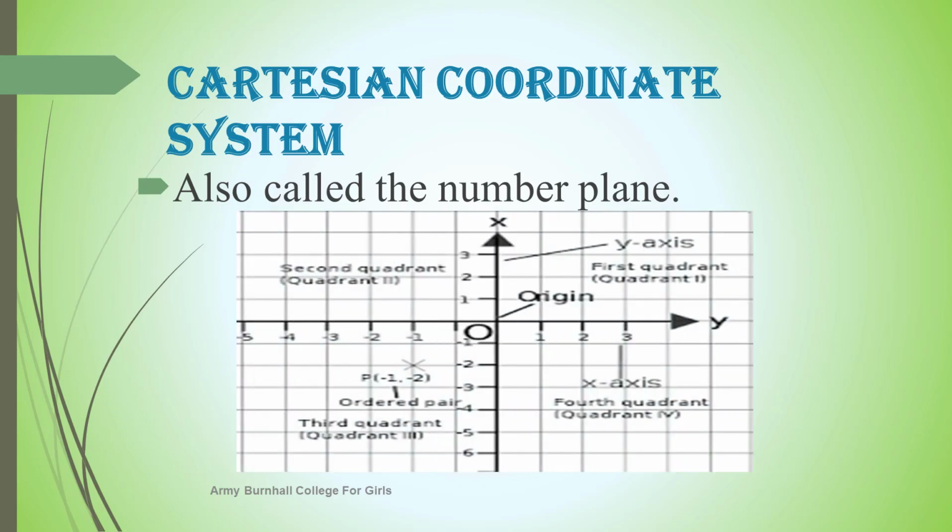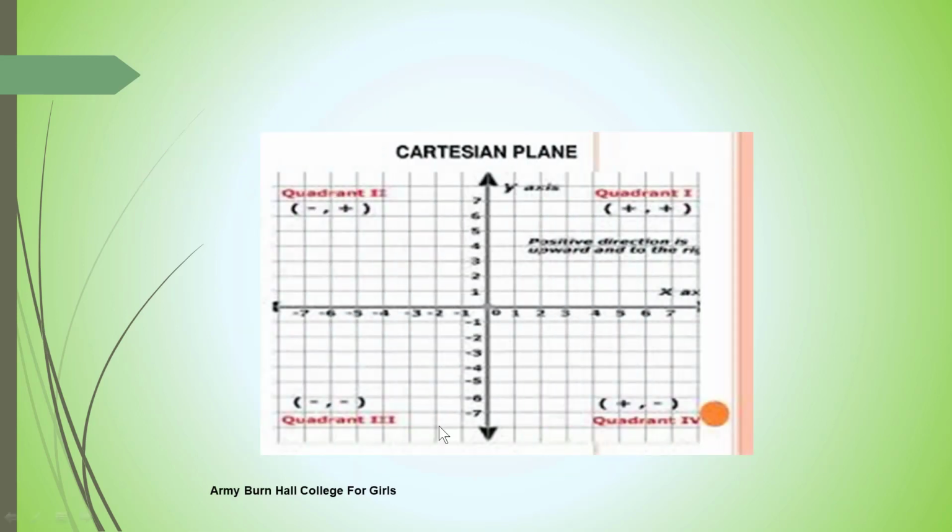You can see here that it has a horizontal line. This horizontal line is known as the x-axis and the vertical line is the y-axis. It is written opposite over here; this should be y-axis and this should be x-axis. Over here you can see x-axis and y-axis.